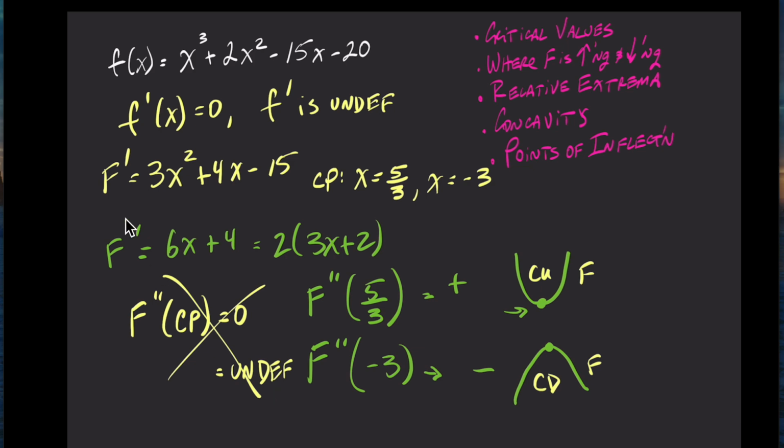So now you have to go back to the gold standard of f prime, and you have to go ahead and do a sign analysis, see where f is increasing and decreasing, and then determine what's a local minimum and local maximum by analyzing what's happening with these arrows. So in this case, if you do f prime at a critical value, and in this interval it's increasing and decreasing, then you know that is a local maximum.